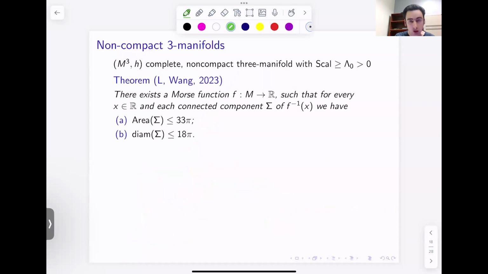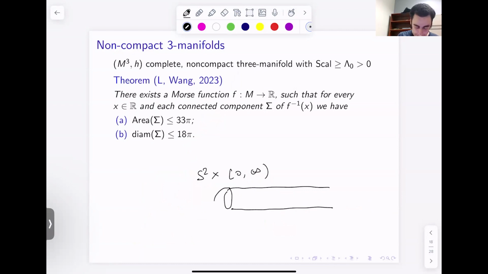The situation in the non-compact case is a bit different, because in principle, you may not have any minimal surfaces. You can think about a situation where you have S2 cross ray, and then you can add a hemisphere and then perturb it a little bit so it's asymptotic to that.